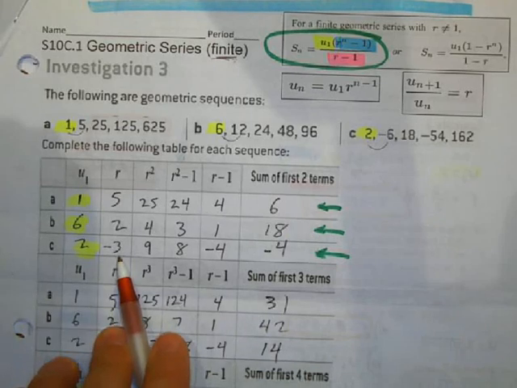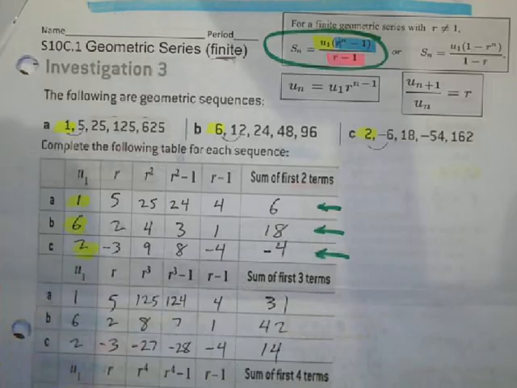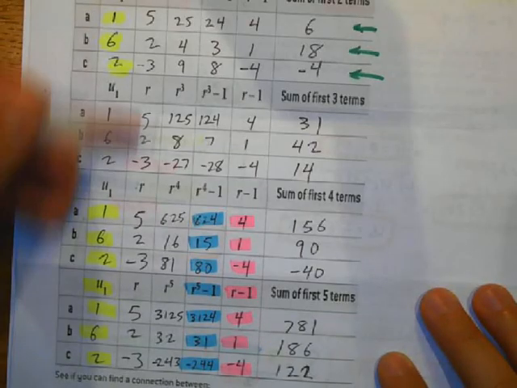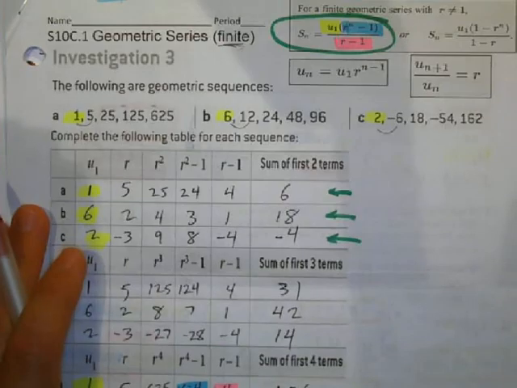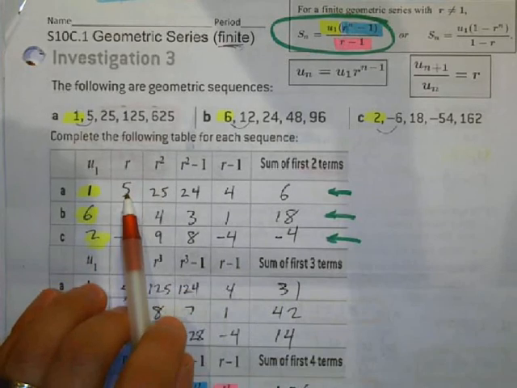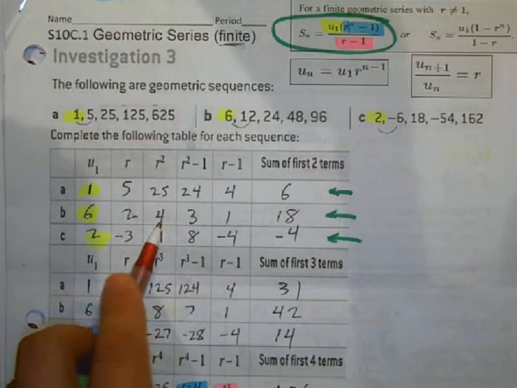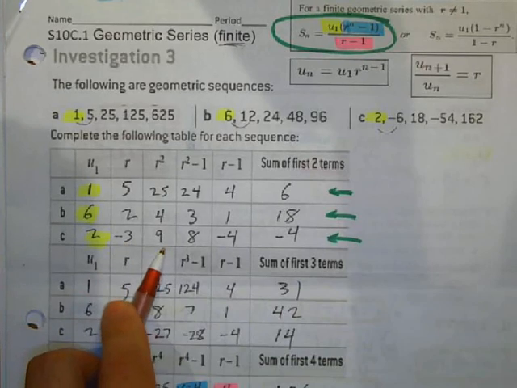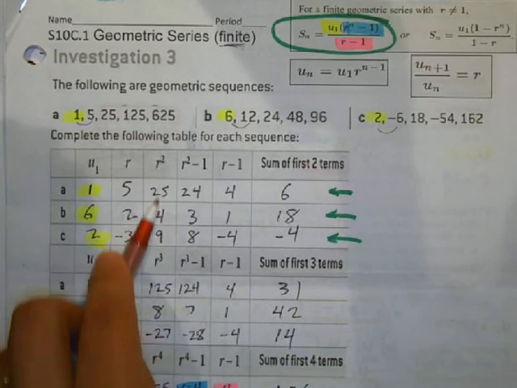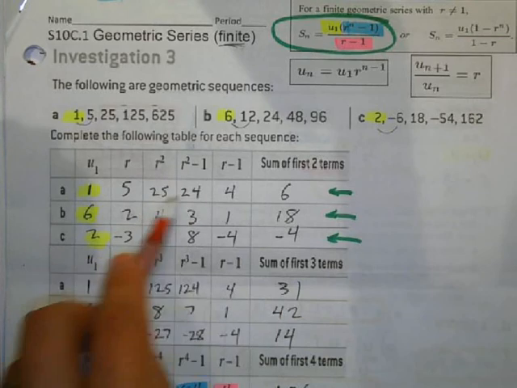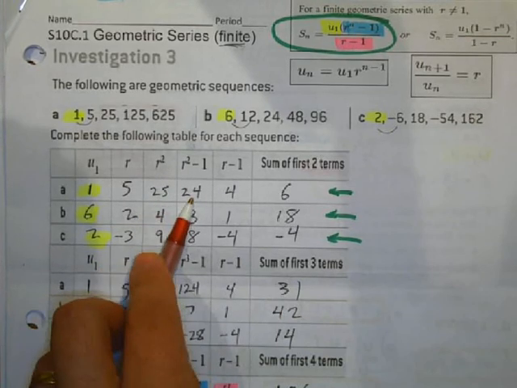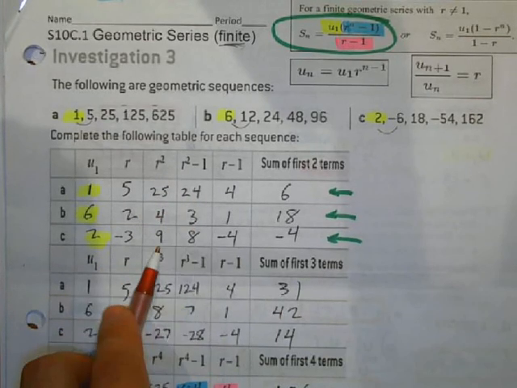These first two columns on all of these are going to be the same. Now R squared. So I'm going to take this 5, I'm going to square it. I'm going to take this 2, square it. Take this negative 3 and square it. And then R squared minus 1, we get this value. 25 minus 1 is 24, and so on.